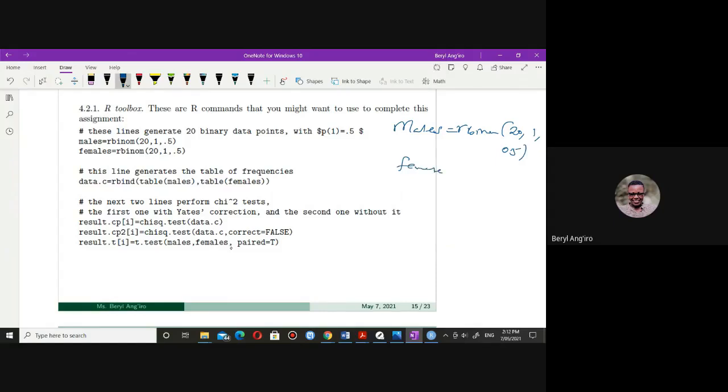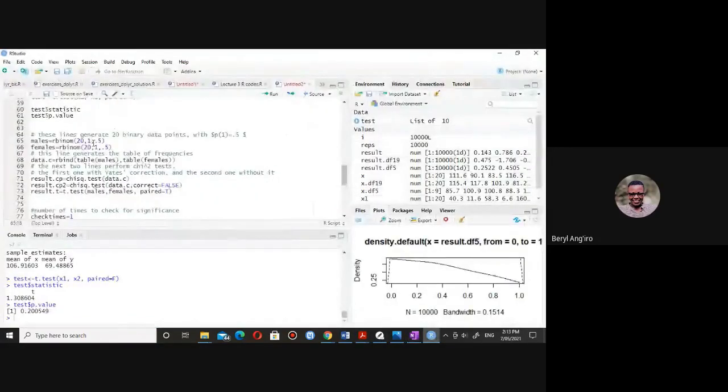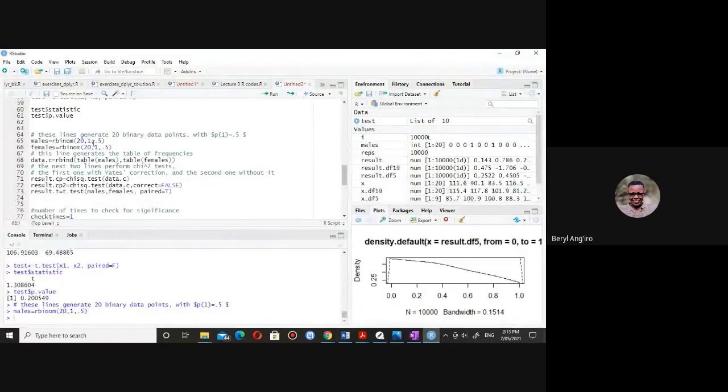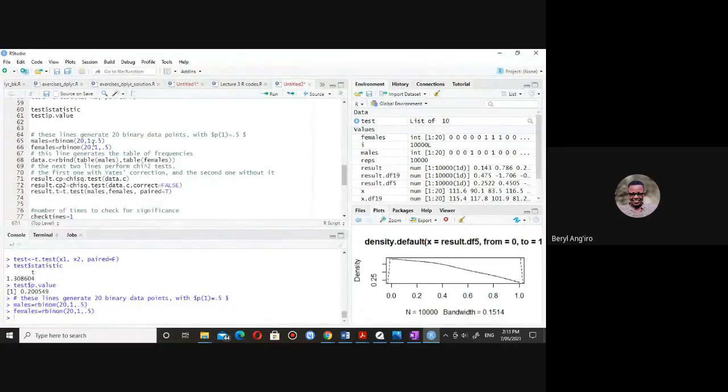Females the same, the binomial distribution, 20, 1 and 0.5. So first we generate the two data sets, data for male and data for female. The next line will generate the frequency table.